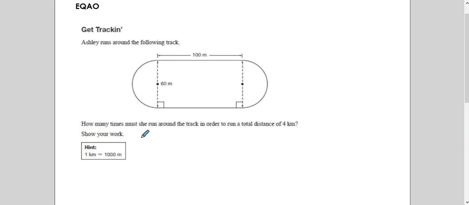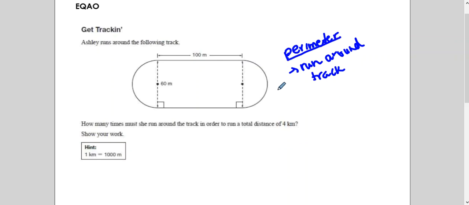Okay. So I'm running around the track. So this is perimeter. All right. Run around the track. All right. Because in the future, we're going to be able to mix up perimeter and area. Okay.